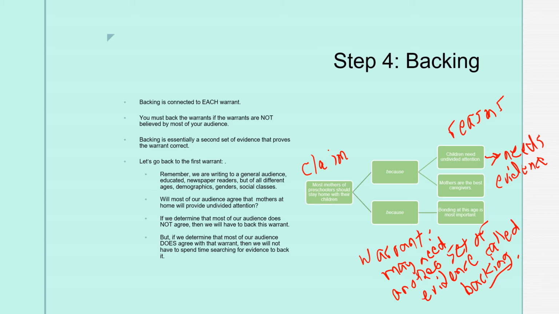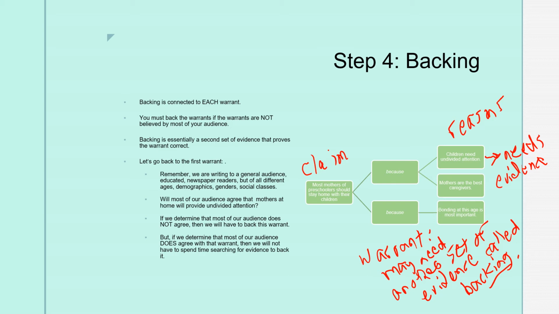So looking at the warrants, it seems like for this particular argument, I would say that probably the third one likely will not require backing. Mothers at home will bond with their children. Remember, that's the warrant.